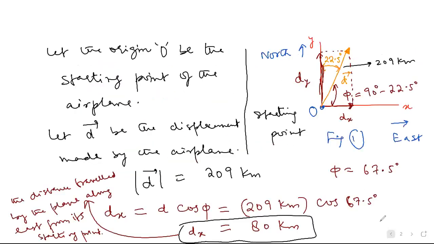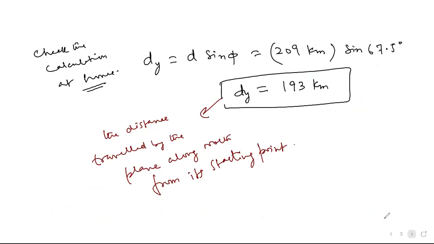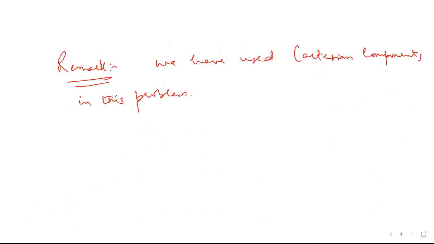As you can see, we represented the displacement by vector d, then we found its Cartesian components. We used the Cartesian coordinate system, represented one direction as east, second one as north. Then we resolved the vector. dx and dy are Cartesian components of d, and we solved it for our distances.